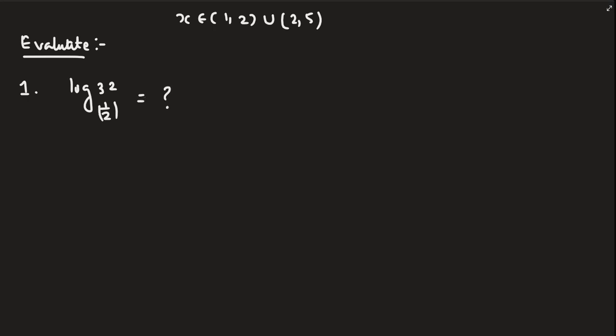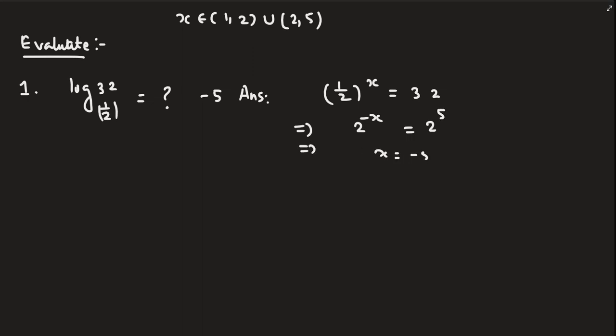That will be the answer. If you take the power of half as minus 5, then you get 32. So this is the answer one way. Otherwise you can say half to the power x equals 32. Now 2 to the power minus x is the same as 2 to the power 5, so x is equal to minus 5.